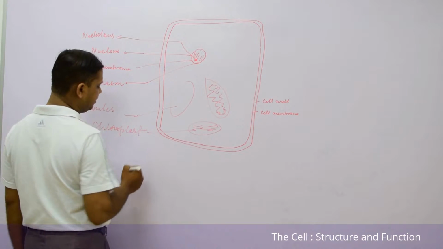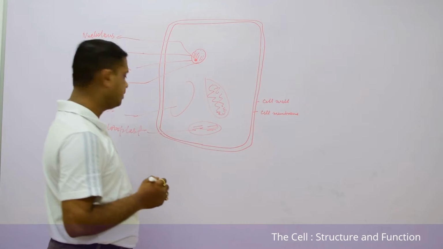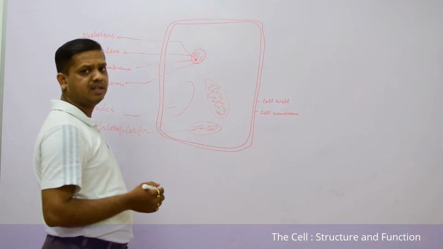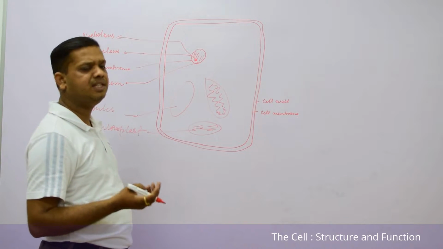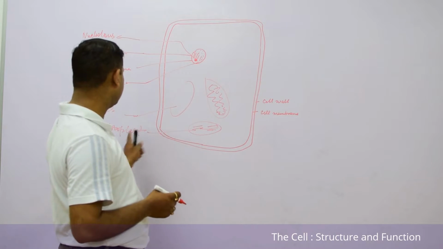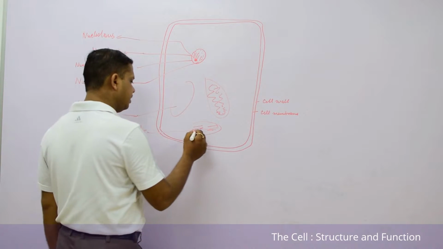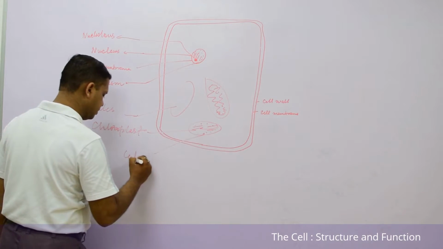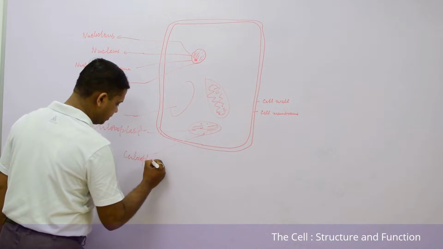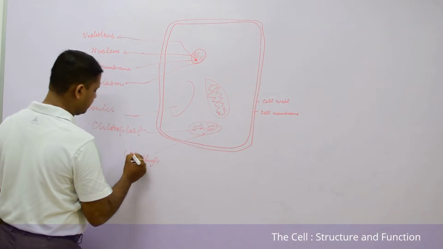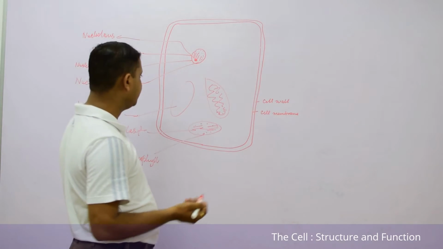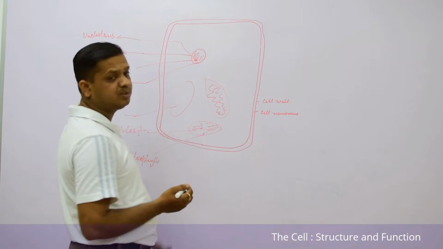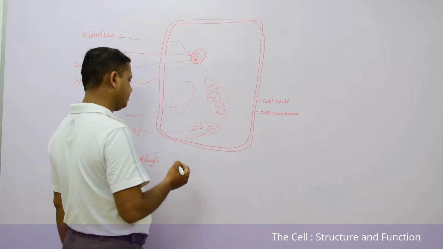Chloroplast contains a green pigment, chlorophyll, and there are different types of chlorophyll: chlorophyll A, B, C, D, E. The function of chlorophyll is to help in the process of the photosynthesis reaction, and that is why the plant cell is an autotroph.